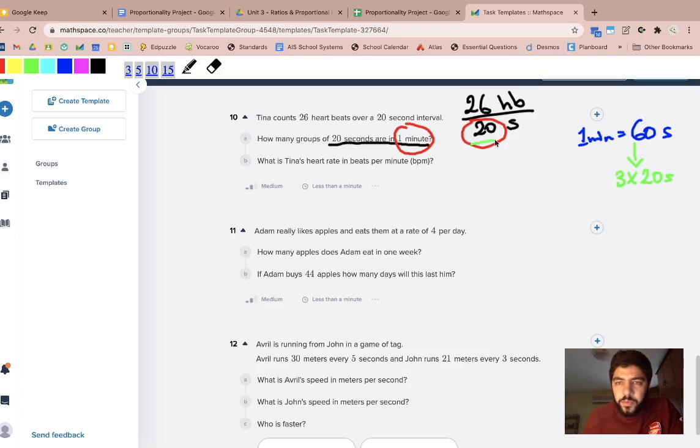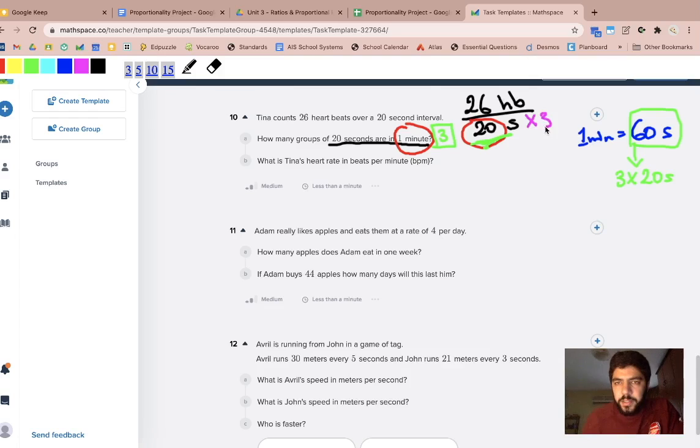And since this is 20, we can say that there are 3 groups of 20 seconds in 1 minute. And now it's asking, what is Tina's heart rate in beats per minute? So if we know that a minute has 60 seconds, then we need to change this 20 seconds to 60. And so how do we do that? Or what do we multiply 20 by to get 60?